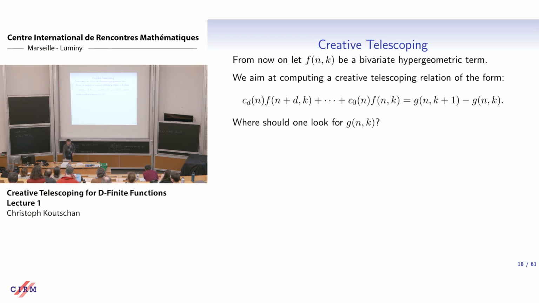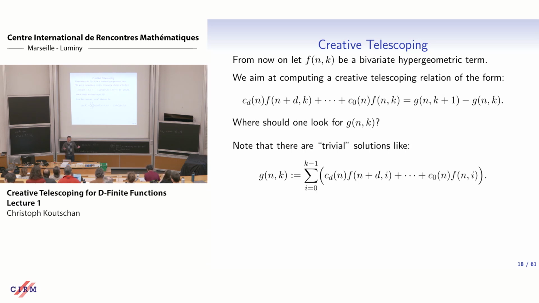Now the question is, for this antidifference, where should we look? Should we just say, well, wherever you find such an antidifference, you're happy? That we should not do, because there are trivial solutions. If you look at the above equation, you just define g of n and k to be the sum over this thing, and then it will trivially satisfy this equation, and this doesn't give you anything useful.